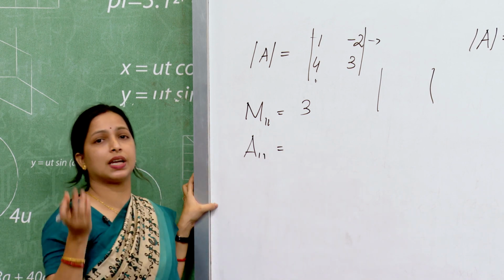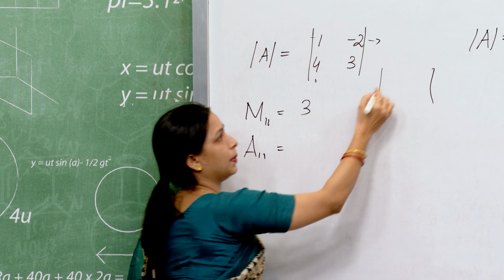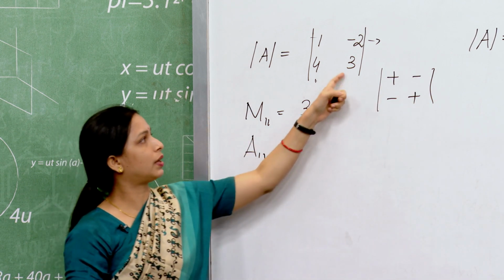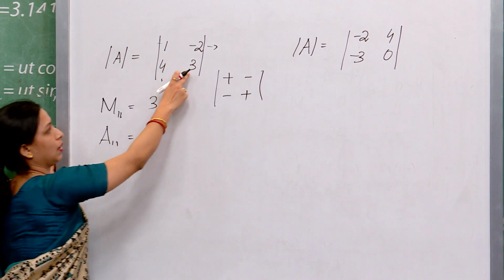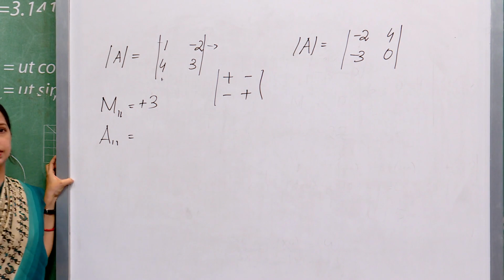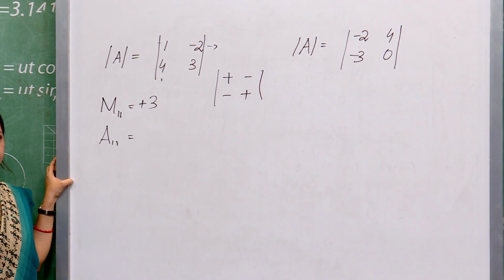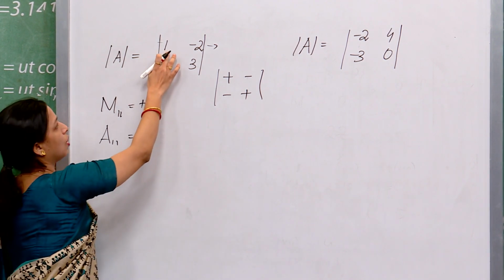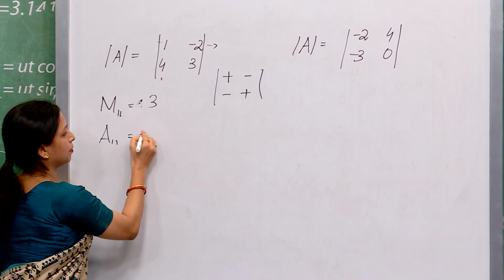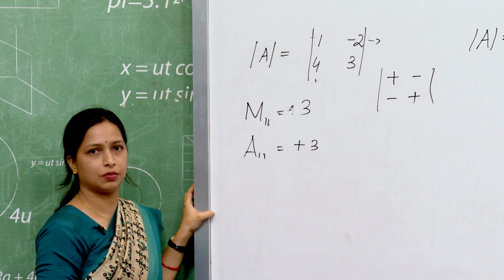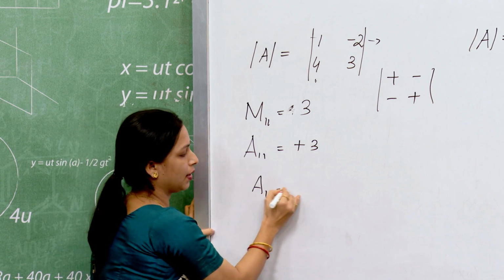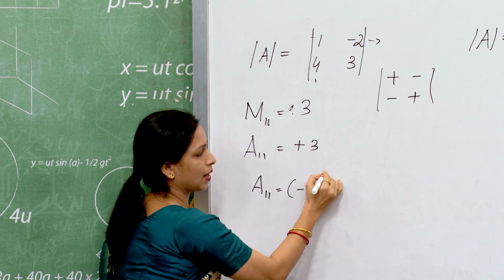So, what sign will we use? We have to remember the positional signs, right. What is the position of A11? Plus. So, it will be plus, right. For further proof, we know the sign for A11 is minus 1 to the power i plus j.